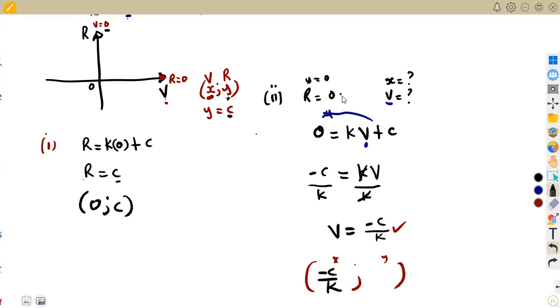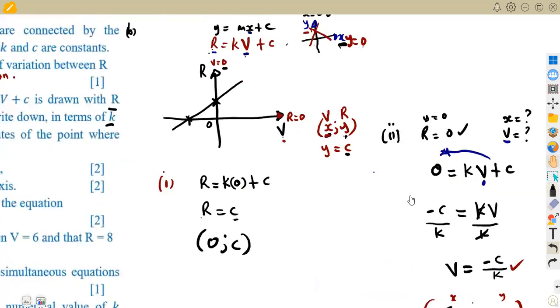And at that moment we said r is equal to 0, which is y is equal to 0. That is the condition. That was what the question was all about, to find where it crosses the horizontal. As you can see, x is negative and y is positive. So maybe it's a line of this nature, where we've got a negative value for x and a positive value for y. That is all we need.